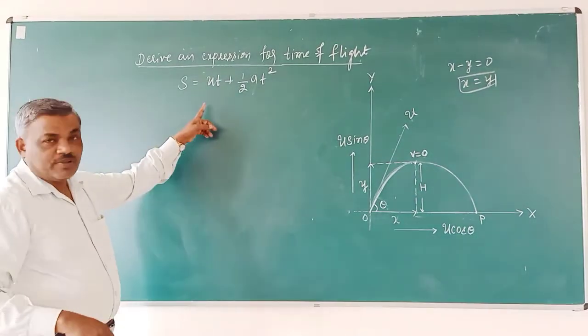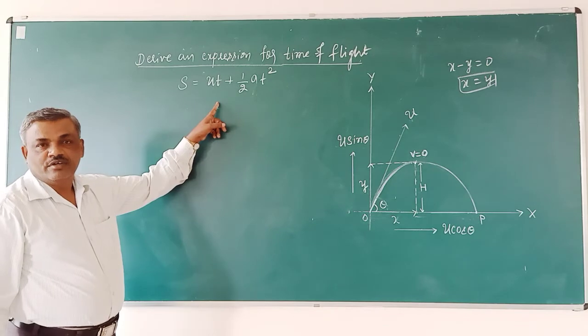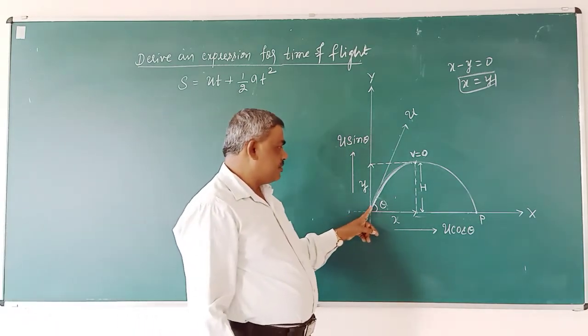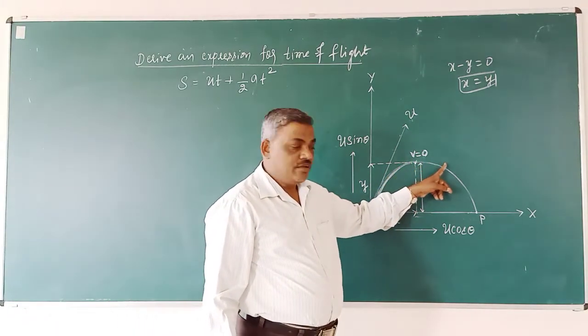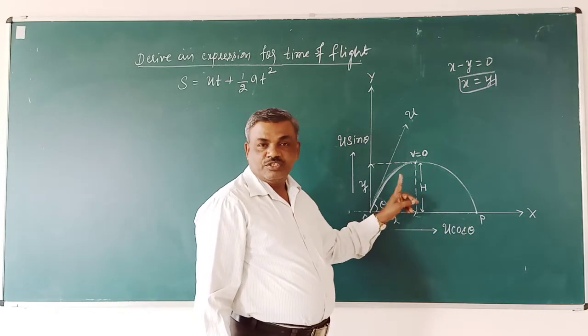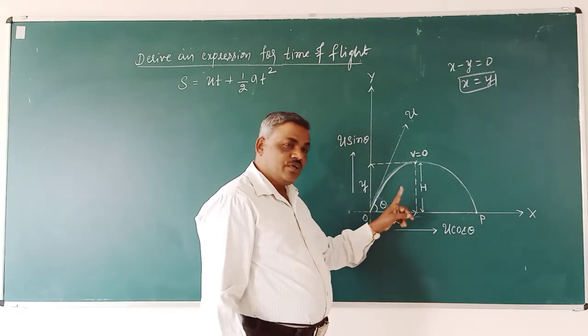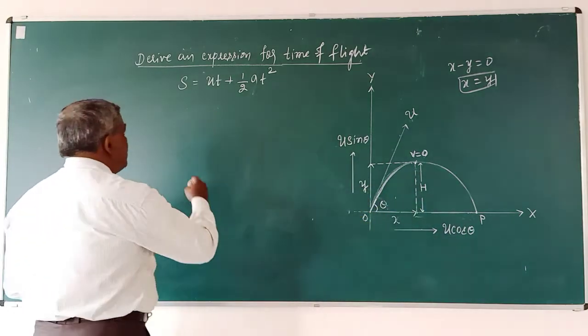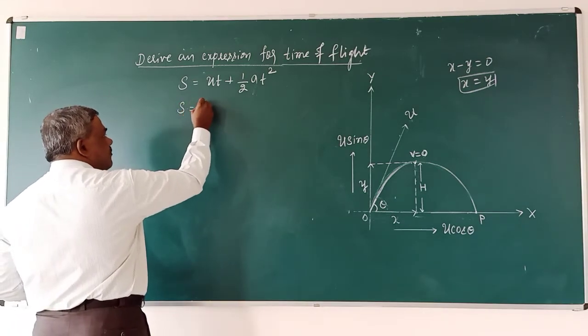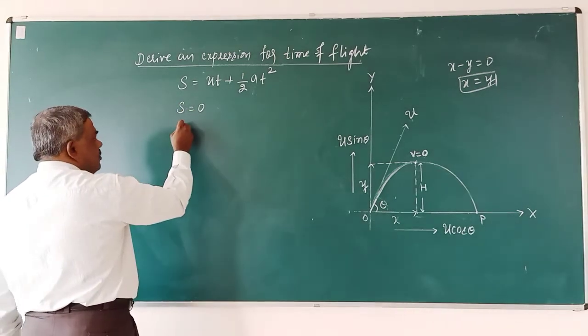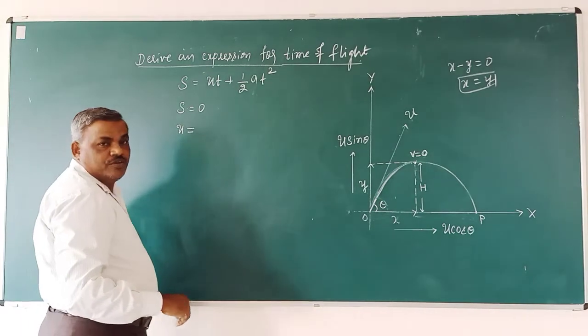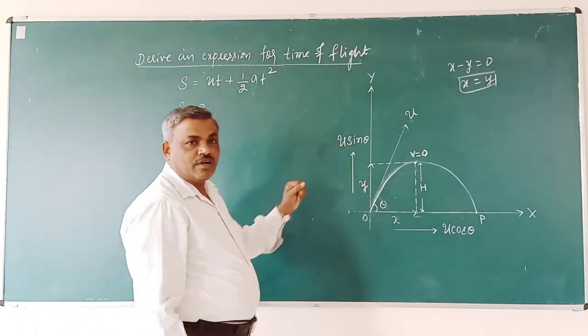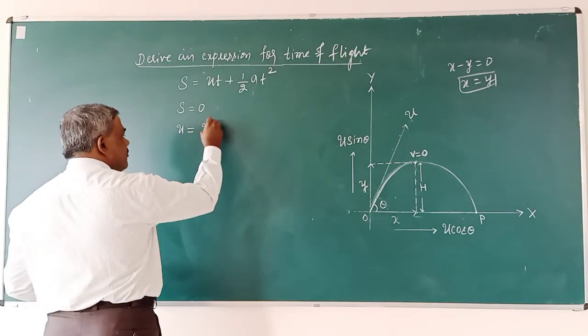S equals ut plus half at square. The time of flight you calculate. So here, the time taken for the body to reach the ground: s equals 0 and u equals the vertical component, u sin theta.